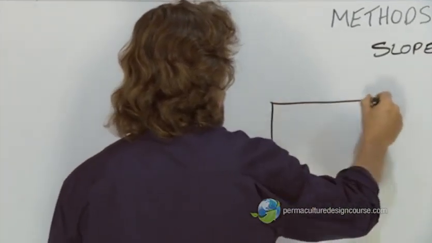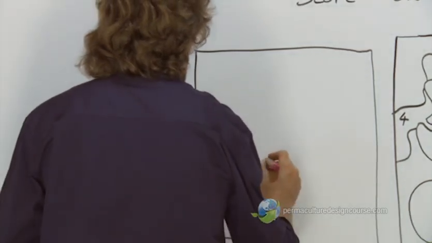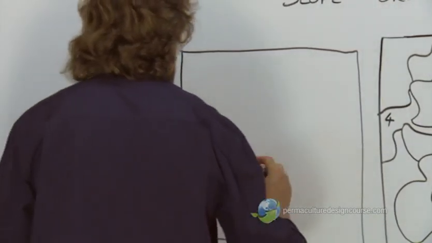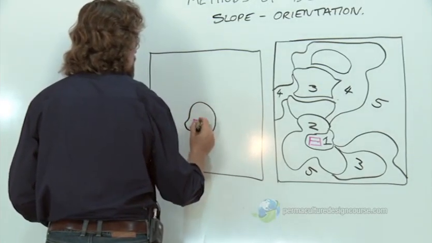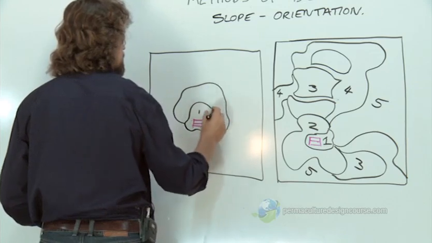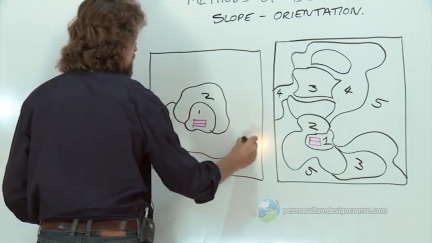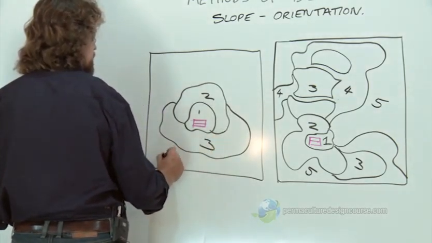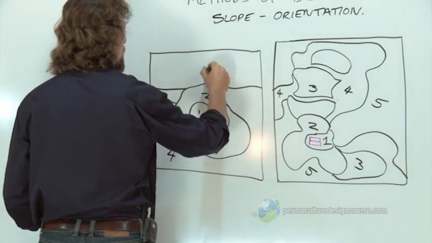You could have a system where zone 1 and zone 2 and zone 3 with zone 4 and a zone 5.